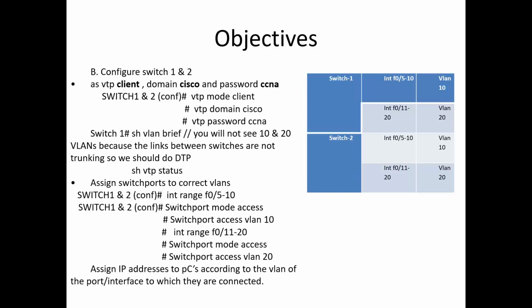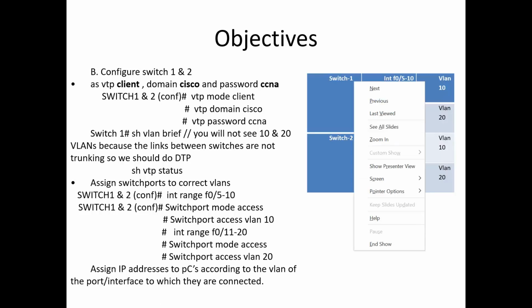Also, we will be assigning the switch ports on switches 1 and 2. Ports 5 to 10 will belong to VLAN 10, and 11 to 20 we will make available for VLAN 20. So we will go to the configuration and start.